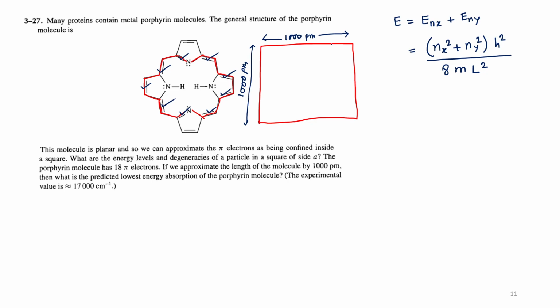L is 1000 picometer, which is given, right? So this is my formula of energy. Now let me see what my states are here. See, it is a 2D box, right? So it is a square, so there are some degeneracies that we expect. So I'll just write down what the degenerate states would be.